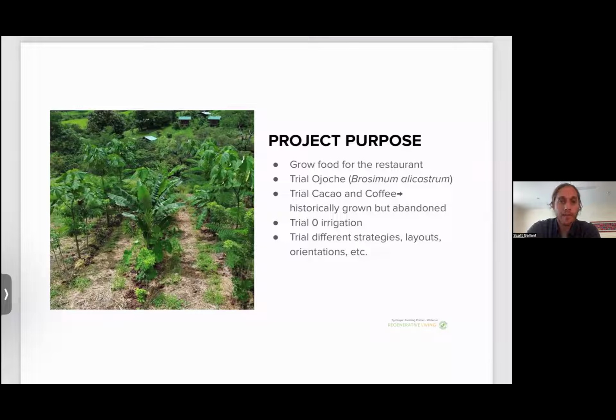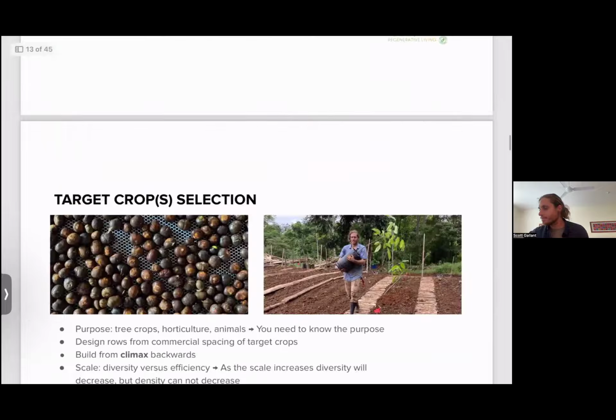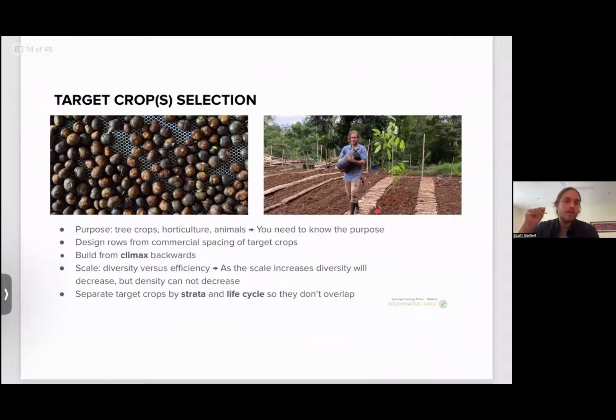And if you remember Javi talking about the context of this site, we do get a fair amount of rain, but it is concentrated in just 4-5 months of the year. The dry season here is very real. And then we're trialing different layout strategies and orientations, and we're going to see a lot of that as we move through this.